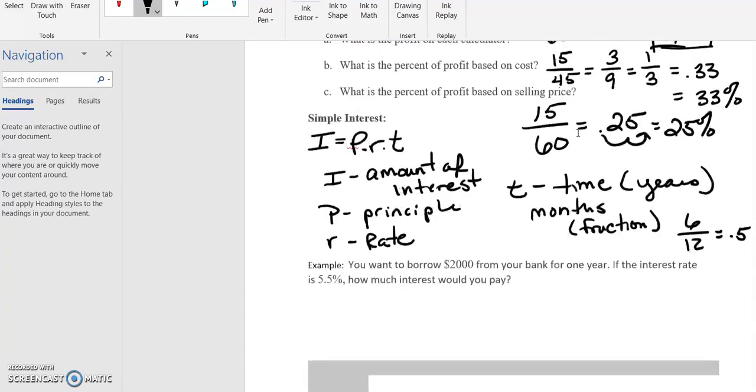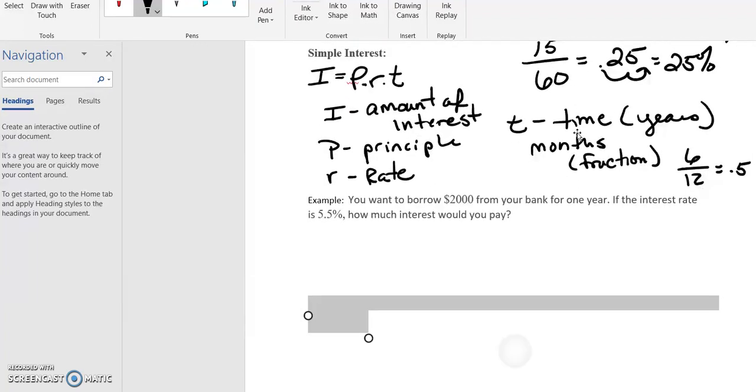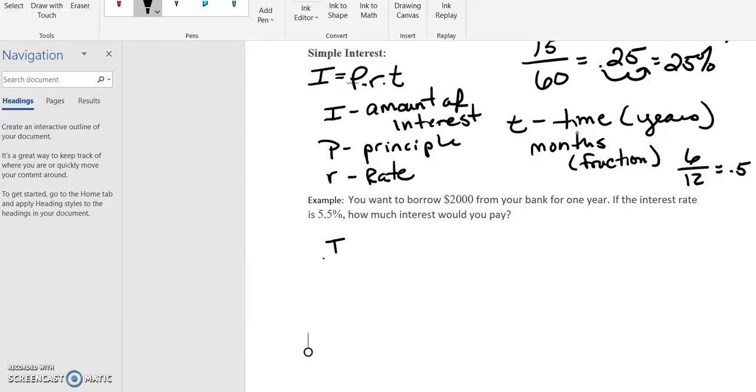If I want to borrow $2,000 from your bank for 1 year, and the interest rate is 5.5%, how much would you expect to pay? Okay, so we want to know, what is the amount of interest? My amount of interest is going to be I. I know that the principal that I'm borrowing is $2,000.